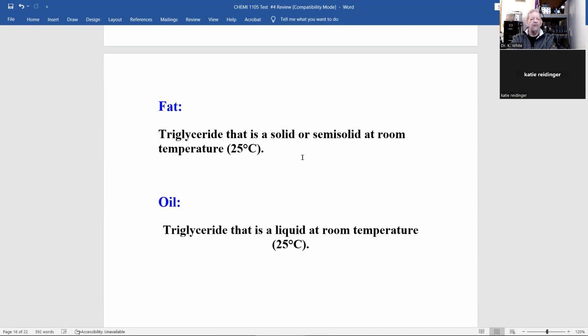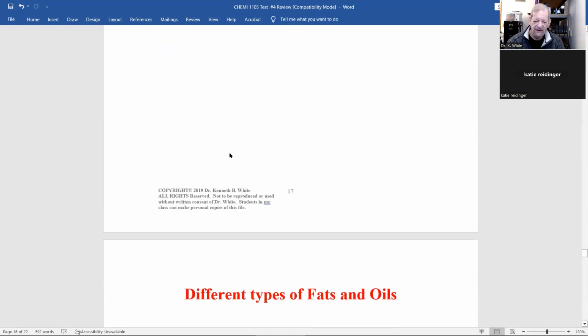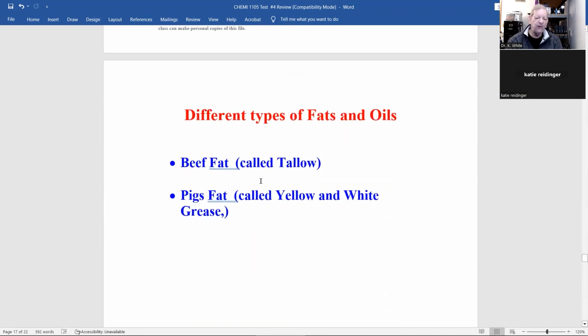And I worked for a company that took fats, triglycerides, and made them into other chemicals to the tune of about 3 million pounds a week we did. Wow, that was a lot. And what we used at that company was tallow, also known as beef fat, and yellow and white grease, which was pig's fat.